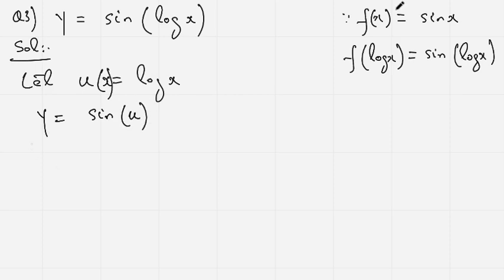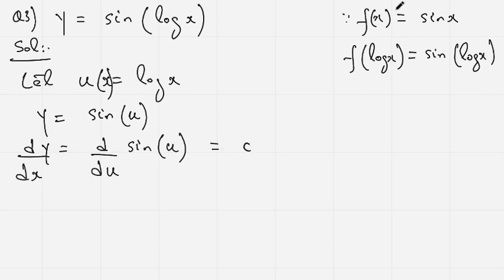Now I'm going to differentiate, so I will write dy by dx, and over here I'm not going to be as direct as I told you before. I'm going to differentiate first of all this function with respect to my assumed variable u, so it is going to give me cosine of u, and now I will differentiate this u thing with respect to my x, because u is actually log x, so my original variable is x. So it's going to be something like this.